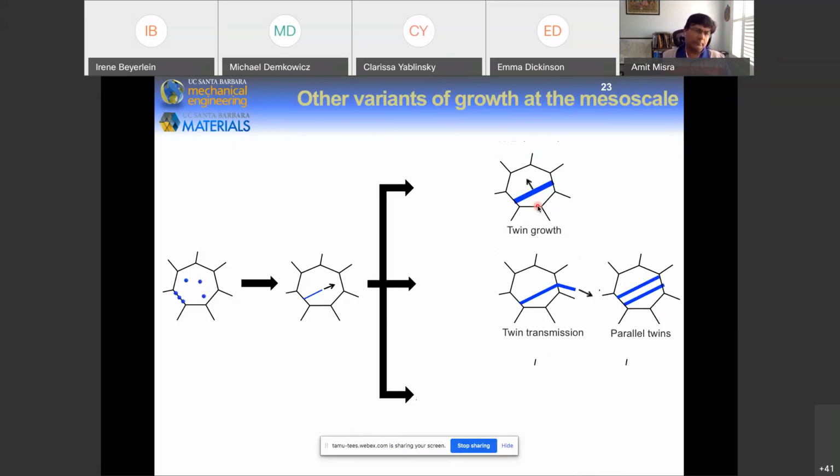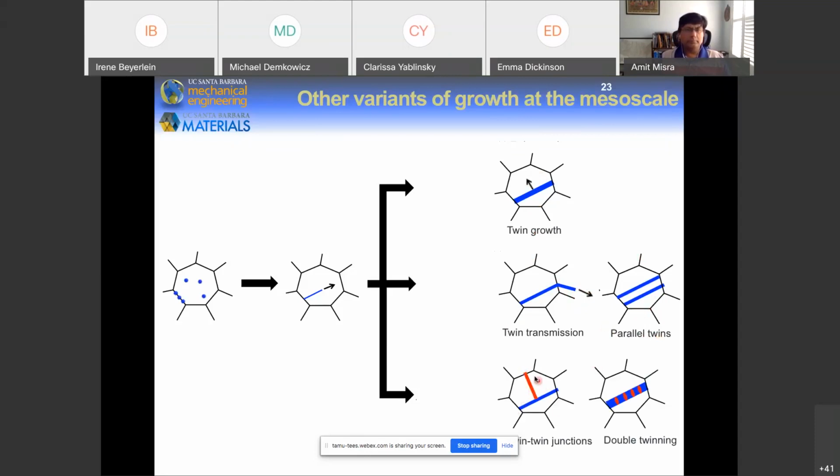Remember that the only way a twin can accommodate more deformation is by thickening or growing or increasing its volume in some way. So self thickening is one way, but it can also propagate across boundaries. We call this twin transmission. That can then invoke a twin in the neighboring grain. Also, you can have many twins within the same grain. They're what we call parallel twins.